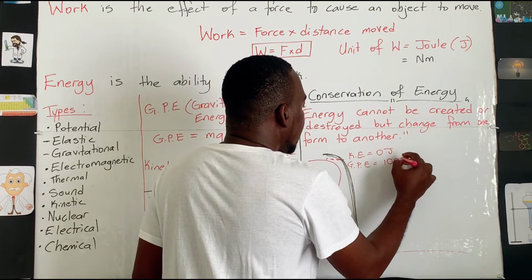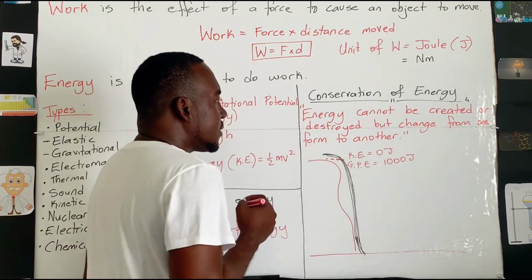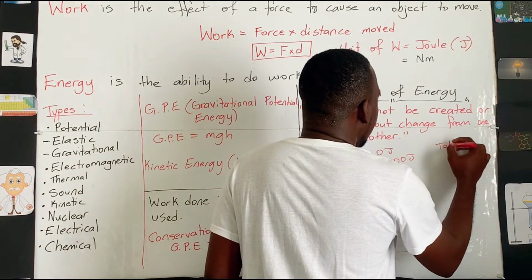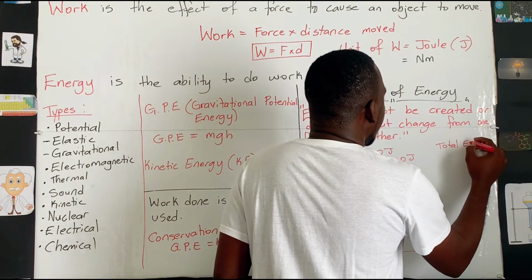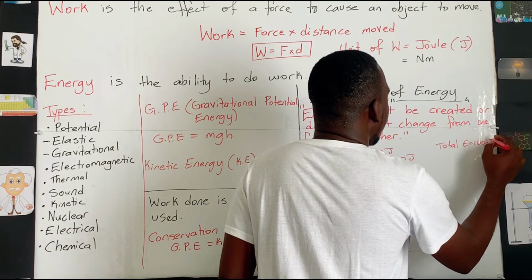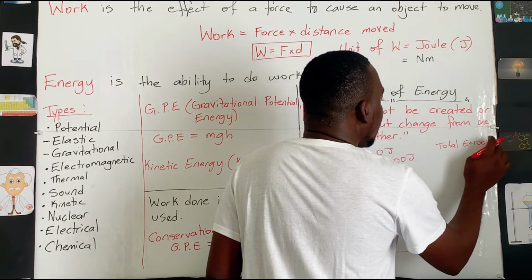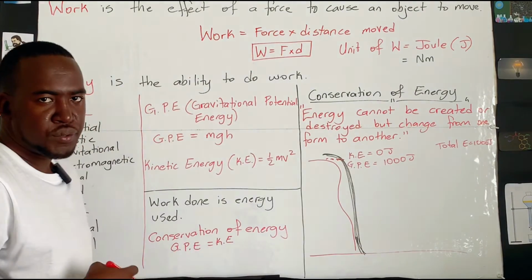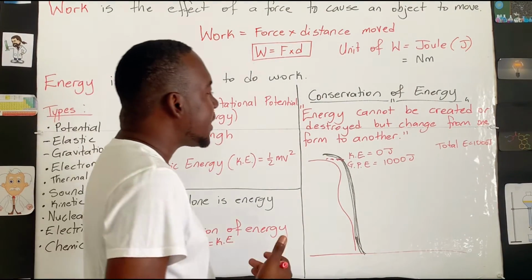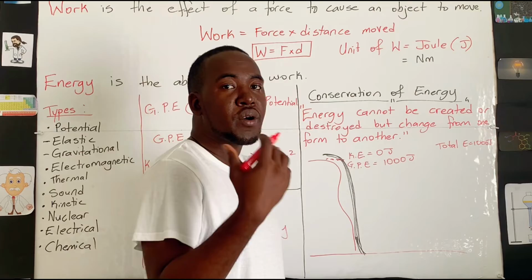We're going to use 1000 joules for this case. So we can see that the total energy here is 1000 joules. According to the law, we will always have 1000 joules of energy, but it's going to change forms.